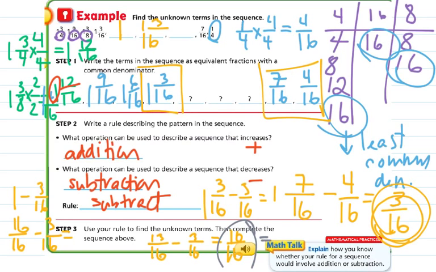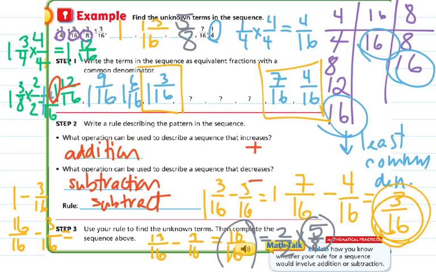We know that 10 sixteenths has a common factor of 2, so we think to ourselves, what number times 2 equals 10? That would be 5, and what number times 2 equals 16 would be 8. So our next term in the sequence is 5/8.